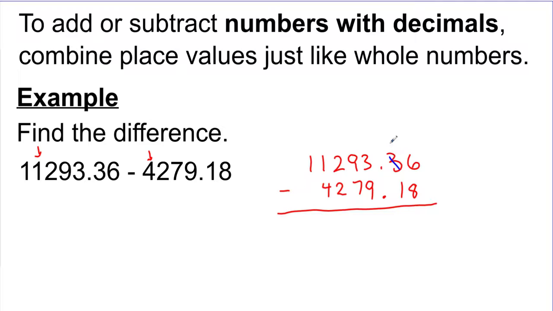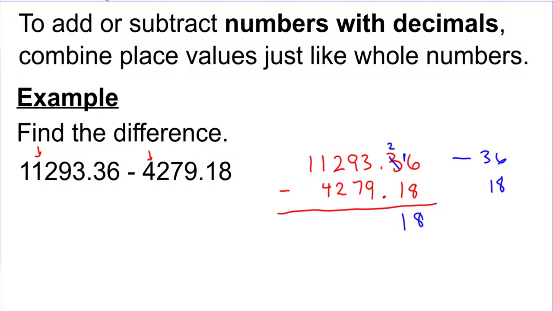Let's borrow, make this a 2 now, and this becomes 16, minus 8, which is 8, and then 2 minus 1, which is 1. As a side note, if you want to look at these as slightly larger chunks, this is 36 and this is 18, and if you can do 36 minus 18 in your head, you could also do that.